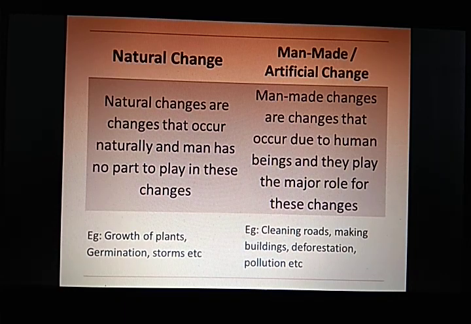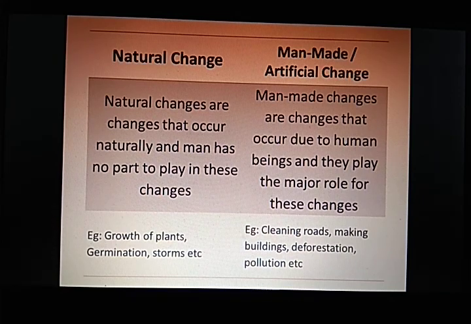Now, what is a natural change? Natural changes are those changes that occur naturally, when man has no part to play in these changes. That means we, the human beings, will not control or govern these changes. Whenever the change takes place, the human beings or the living system will not be responsible for bringing it about.